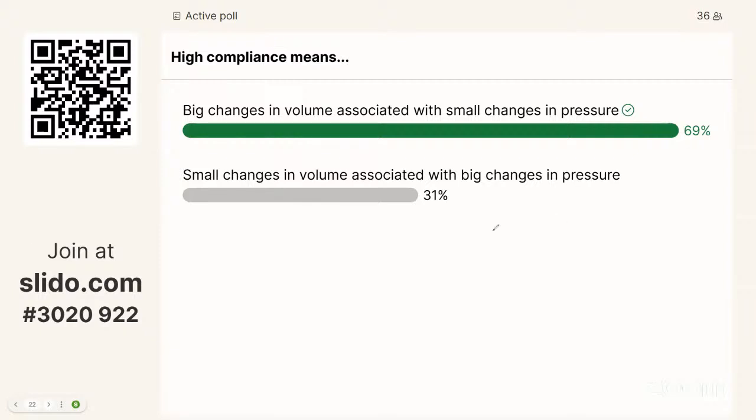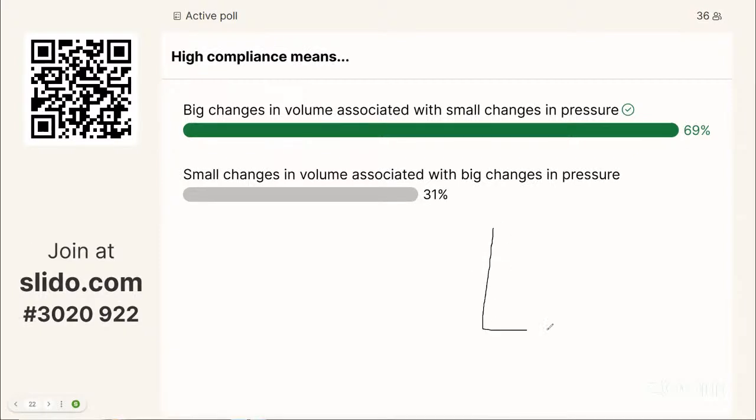Compliance is about a relationship between pressure and volume. I like to remember our veins and our arteries because it's easy for me to remember a big blue line on top for our veins and a lower red line on bottom for our arteries. So high compliance in the veins, low compliance in the arteries.